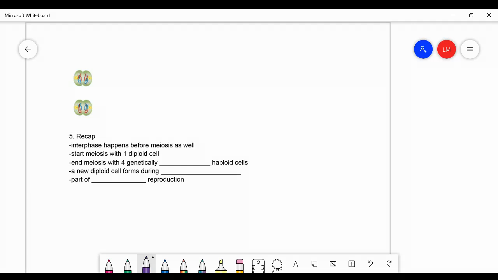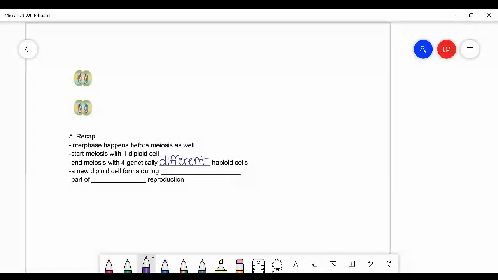So to sum up the whole thing, interphase happens before meiosis as well. We also know it happens before mitosis. Meiosis starts with one diploid cell, and it ends with 4 genetically different haploid cells.